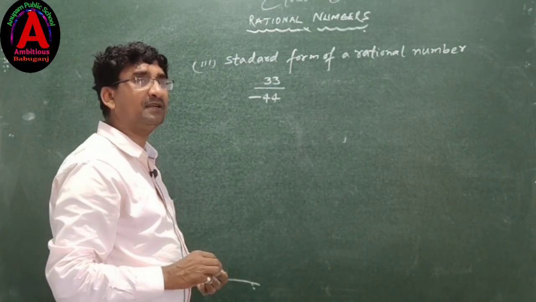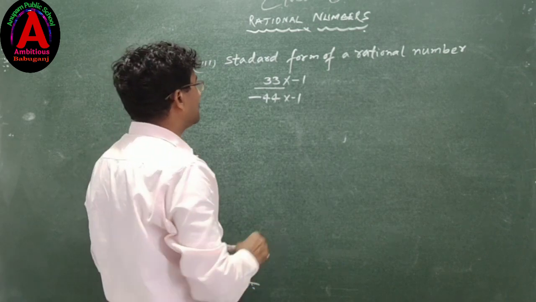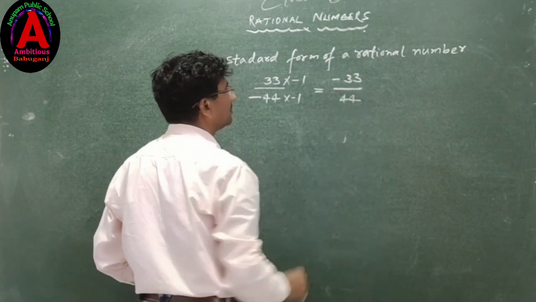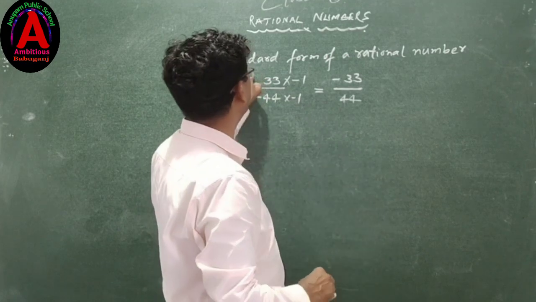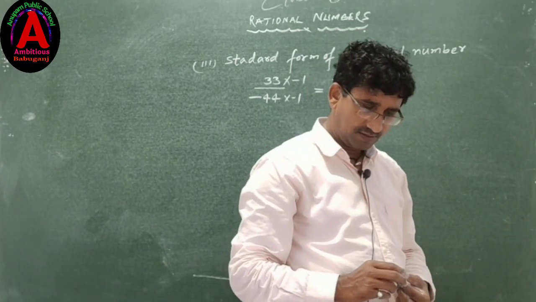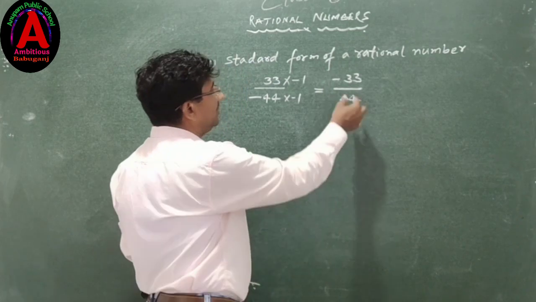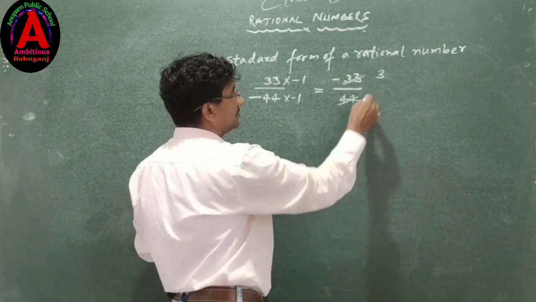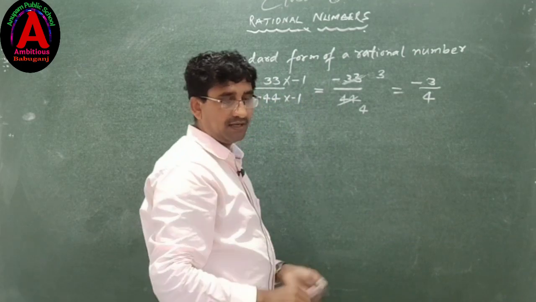So first we multiply the numerator and denominator by minus 1, and it becomes minus 33 by 44. The second condition is that the greatest common divisor should be 1, so divide by 11: 11 times 3 is 33, 11 times 4 is 44. So minus 3 by 4 is its standard form.